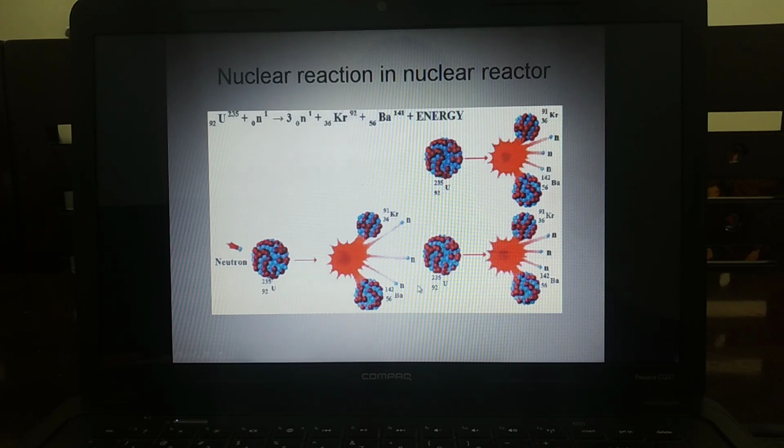Among the three neutrons, one neutron reacts with another uranium-235 to produce two radioactive isotopes and three neutrons. The reaction propagates by multiplication by 3 at each fission.